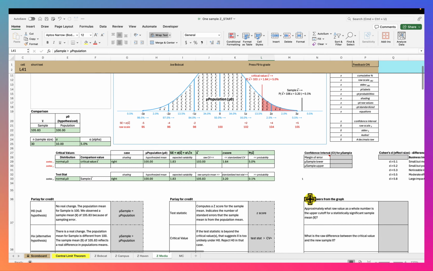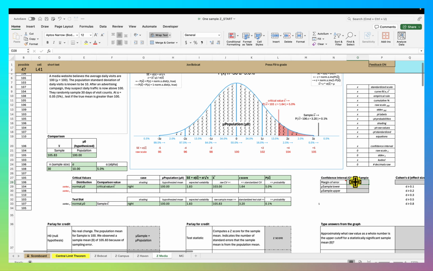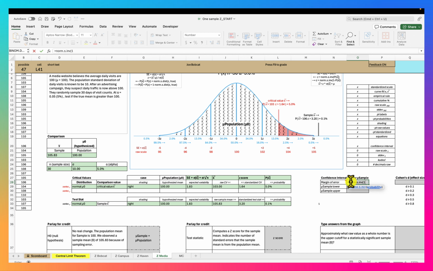All right, now let's go for the margin of error, which, as we mentioned before, there's your formula: norm.s.inv of 1 minus alpha divided by 2. And again, it seems odd that it's still alpha divided by 2, even though it's just one direction. But it is. That's the way this one's calculated. And it's then times the standard error.